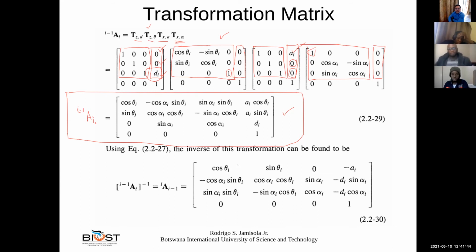Then now, what is the inverse? Well, we know already that we can invert this matrix by inverting the rotation and the position itself. How?